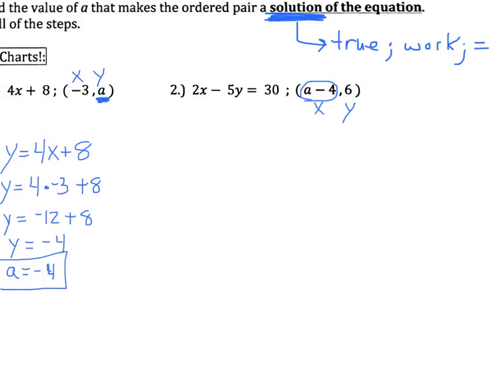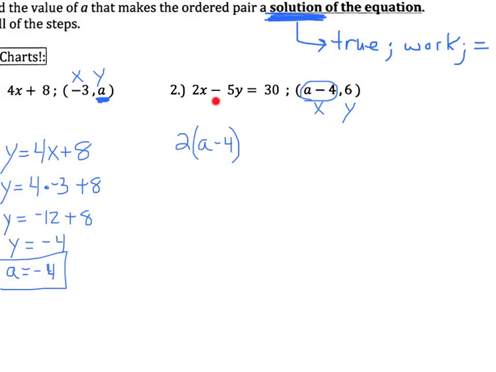All right, here we go. So we have a 2 next to an x, that means times. So 2 times a minus 4. Notice I put it in parentheses. That is so important. It's a quantity. It goes together. So you got to keep it together. You're multiplying by the whole thing.